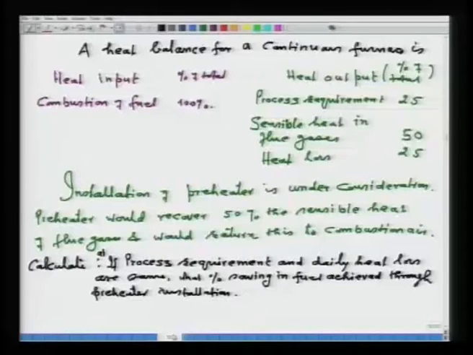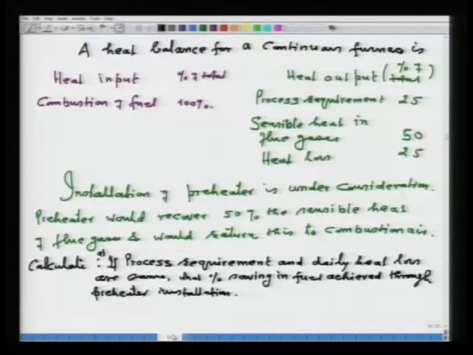That means 50% of the heat the preheater recovers will be given to the air for preheating. Under this condition, let me know what will be the percent saving in fuel through preheater installation when the process requirement and daily heat loss are kept the same.